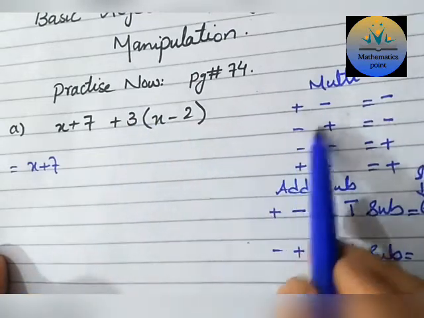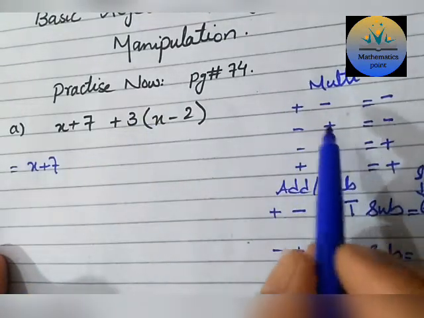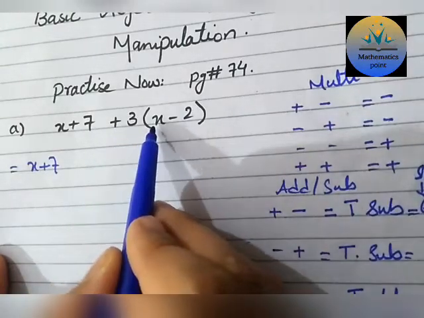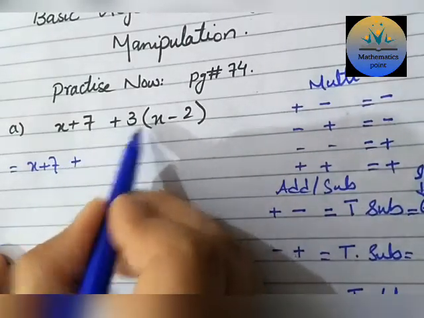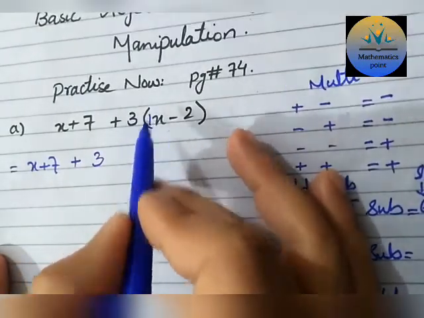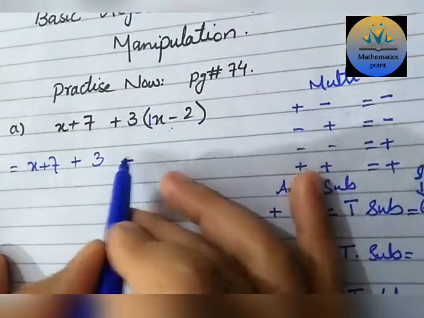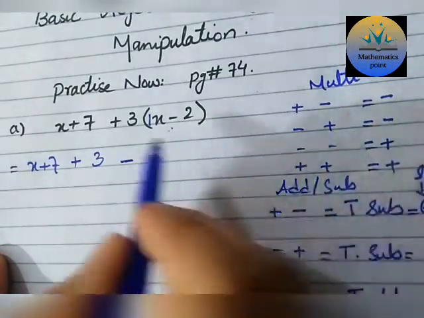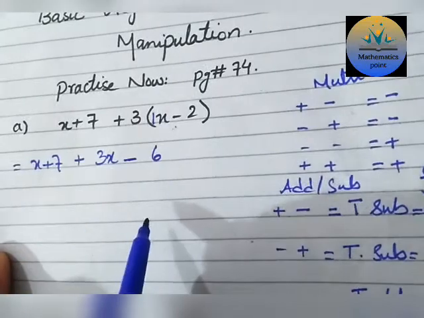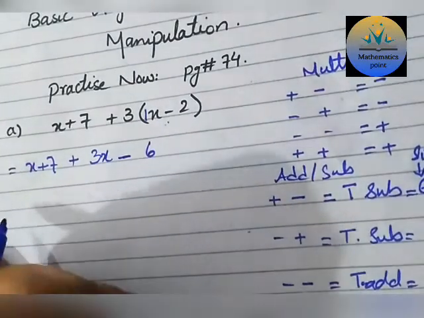Students who recall the multiplication rule can solve it: plus plus plus, 3 ones are 3, because the coefficient of x is 1. Then plus minus minus, 3 twos are 6. Now we arrange the terms with the same variable.